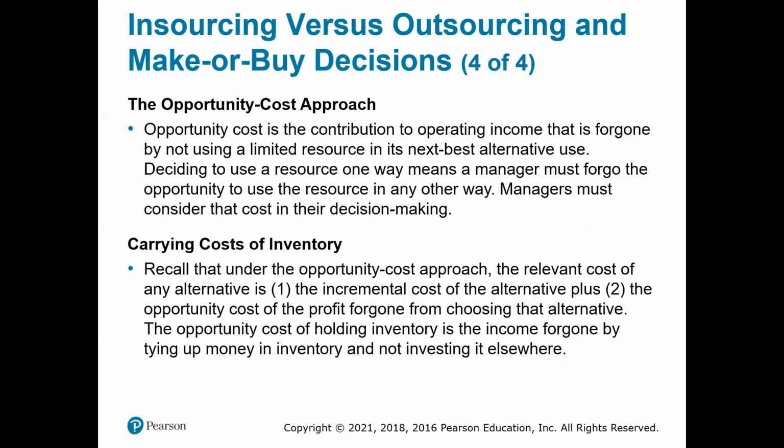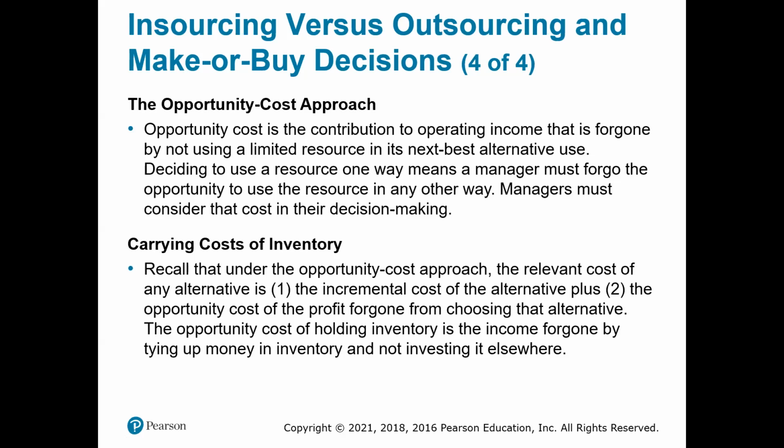Opportunity cost is the contribution to operating income that is foregone by not using a limited resource in its next best alternative use. Deciding to use a resource one way means a manager must forego the opportunity to use that same resource in another way. So again, managers must consider that opportunity cost in their decision process.